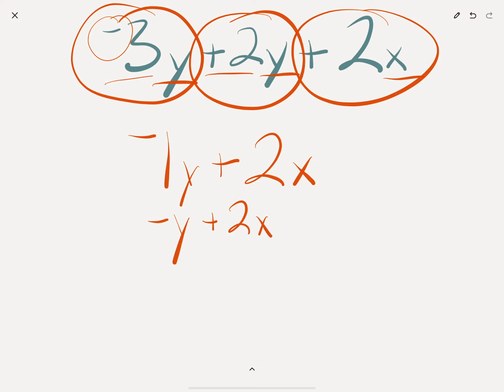That's because 1 as a coefficient simply means multiplying that variable times 1, and we all know that multiplying something times 1 does not change that number. For example, positive 1y is the same thing as just y. So it is perfectly acceptable to use it or not to use it. Just don't forget, if it is a negative 1, to keep the negative with the variable.